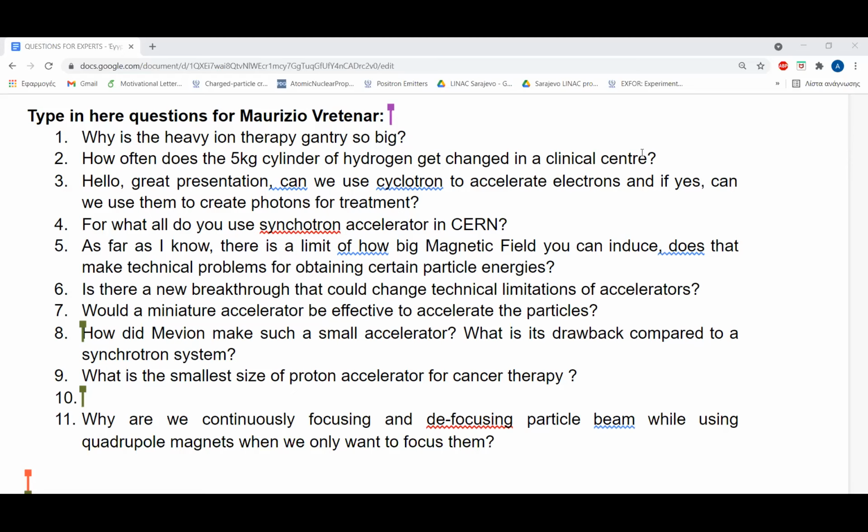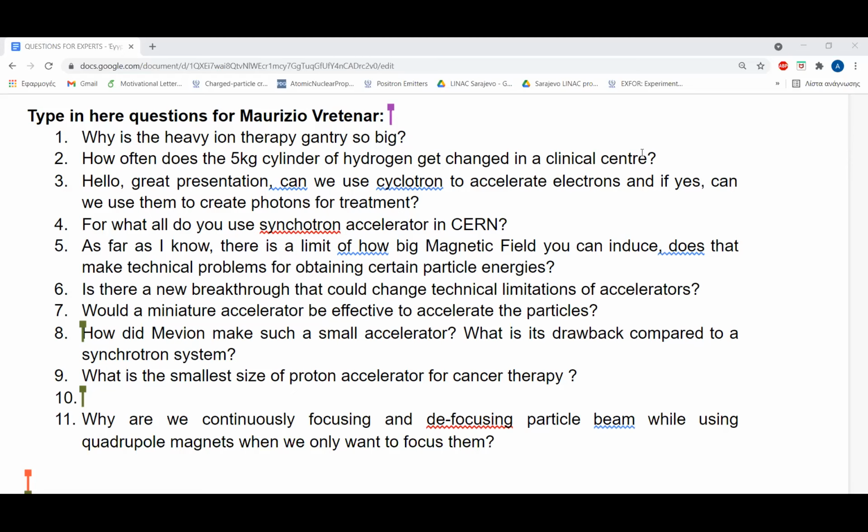If you focus in one plane, so in X, you will defocus in Y. We cannot make a magnet that focuses in both X and Y, in both planes. So the system of focusing and defocusing is used to defocus in one plane and focus in another, and to reach a stable configuration thanks to that.